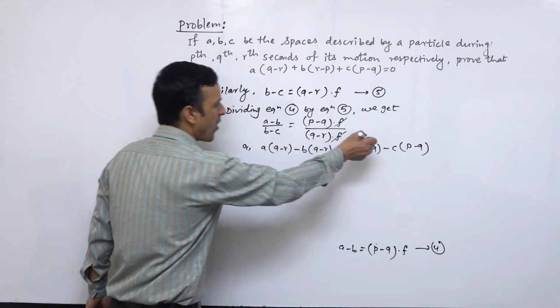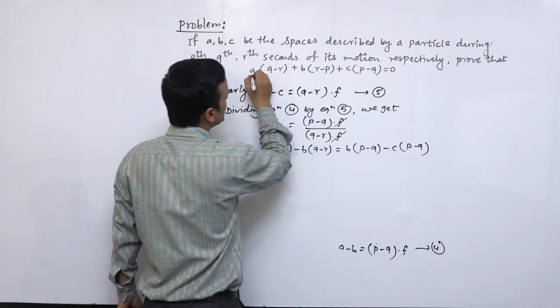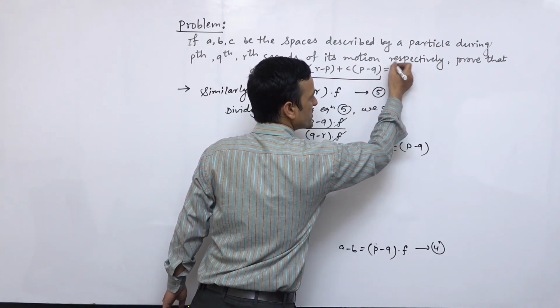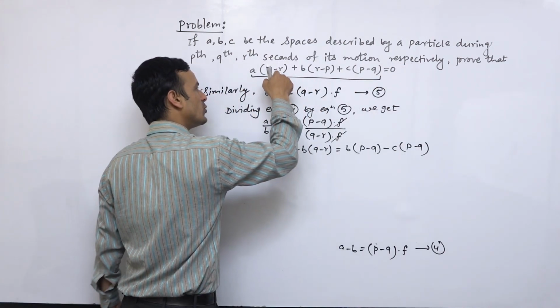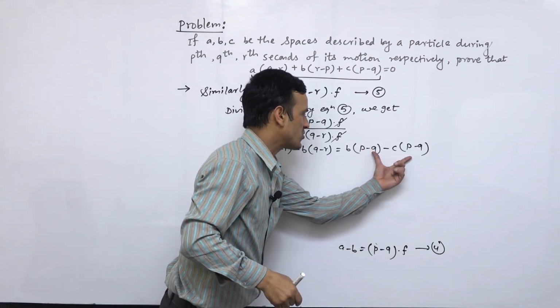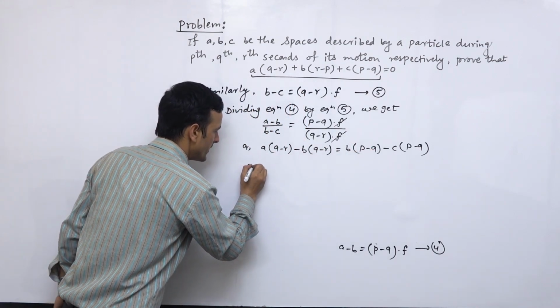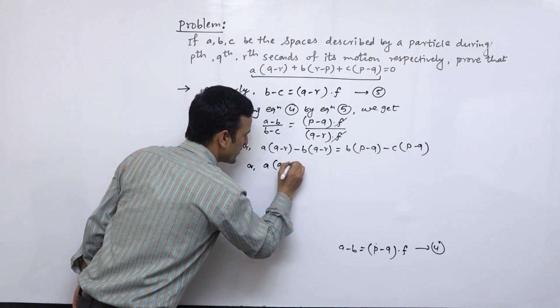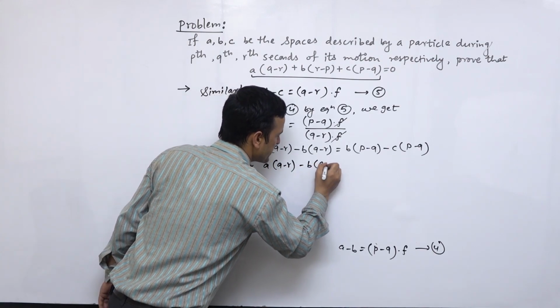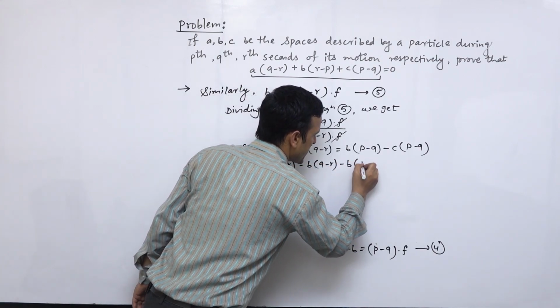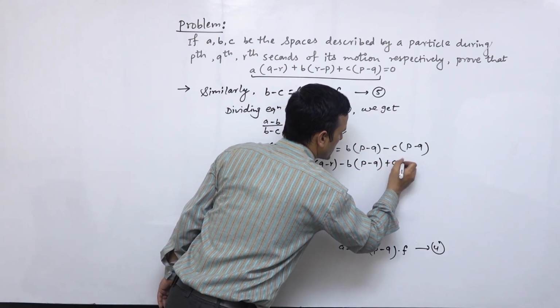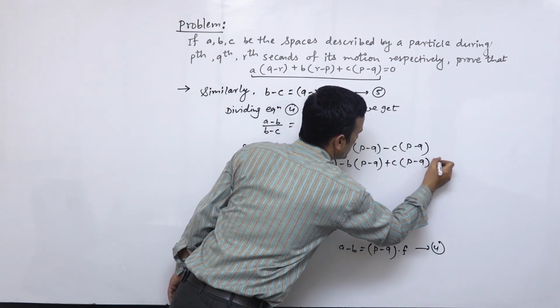So we have to take all the terms here to prove this result. Last we have to show 0, so to get this result let's bring all the remaining terms here. a times q minus r minus b times q minus r minus b times p minus q plus c times p minus q is equal to 0.